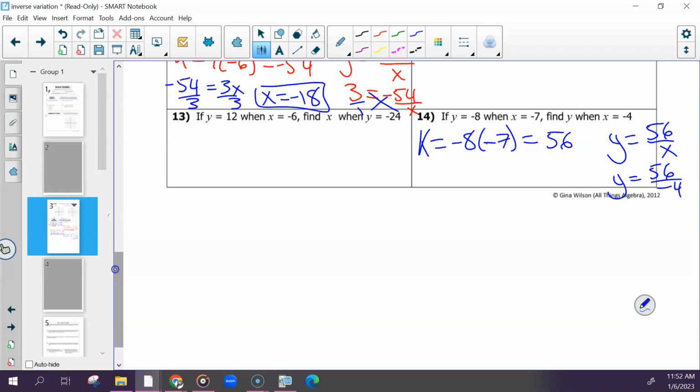Negative 4. And negative 4 times negative 14 gives us a positive 56, so that works.